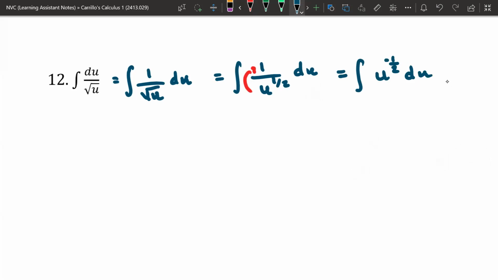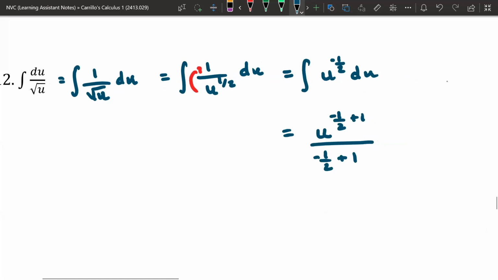Now this is just a power function, so all I have to do is add 1 to the exponent. So now my base will be u to the -1/2 plus 1 over -1/2 plus 1, and then finally plus c.